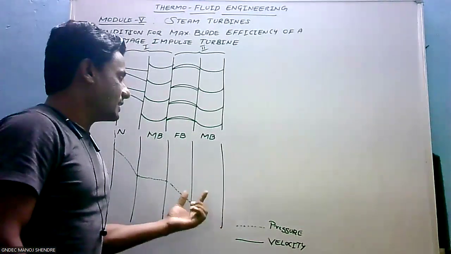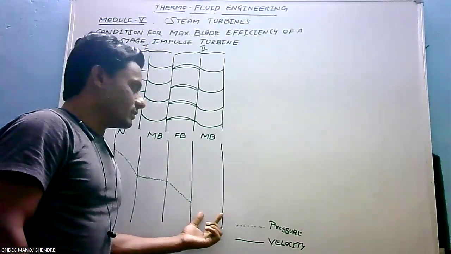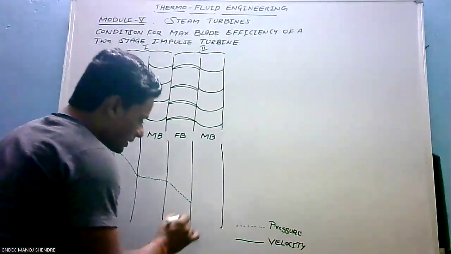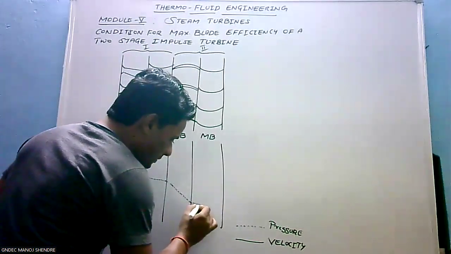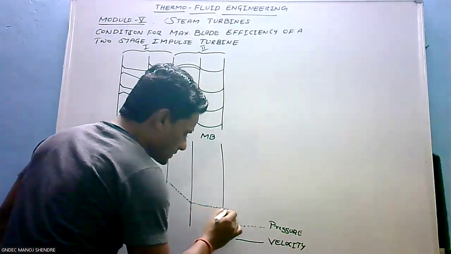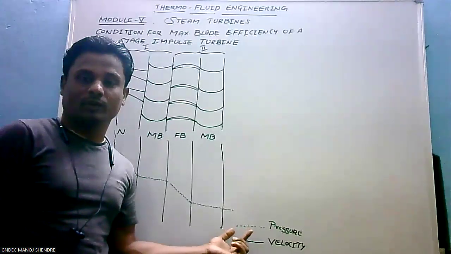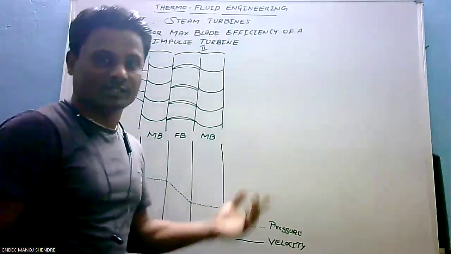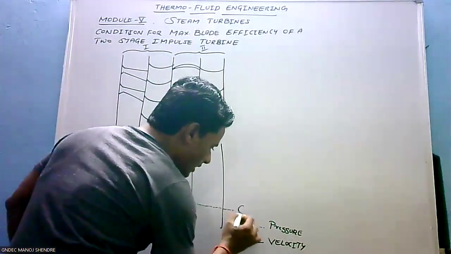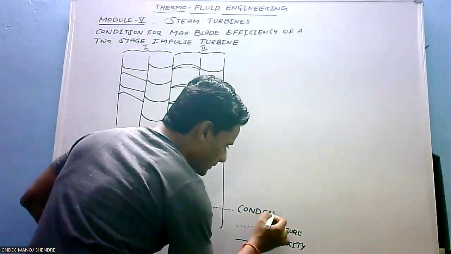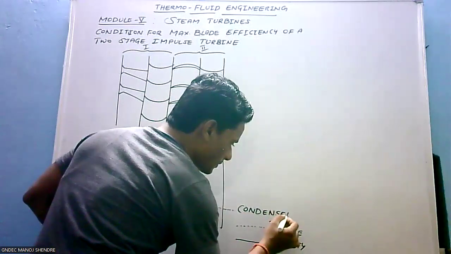And finally, when it enters the last set of moving blades, the pressure will be equal to the condenser pressure and remains constant. So whatever steam is coming out from the last row of moving blades experiences the condenser pressure.